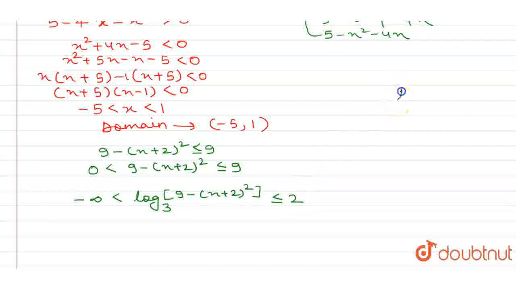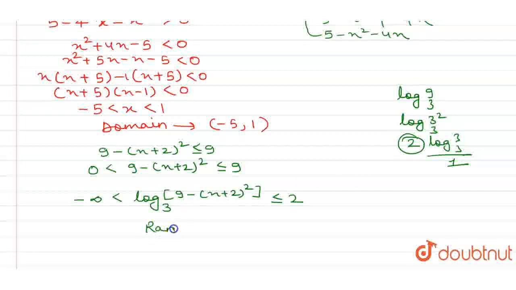If I take log 9 to the base 3, it can be written as log 3 square to the base 3, and it can be written as 2 because the value of log 3 to the base 3 is 1. So this is our answer, that is 2. So I can say that the range of this function is minus infinity to 2. So thank you.